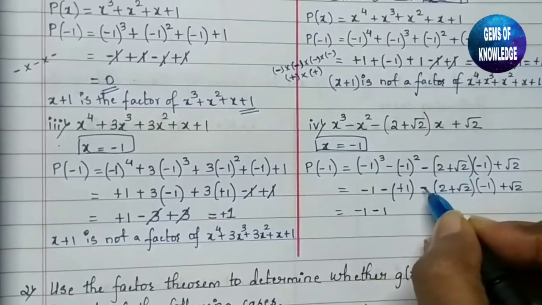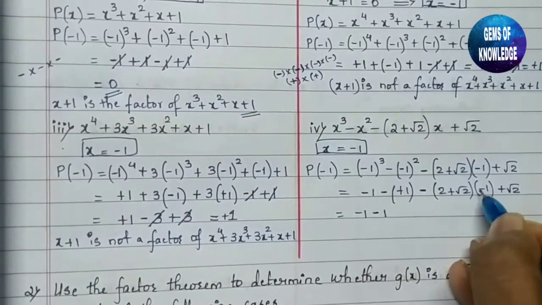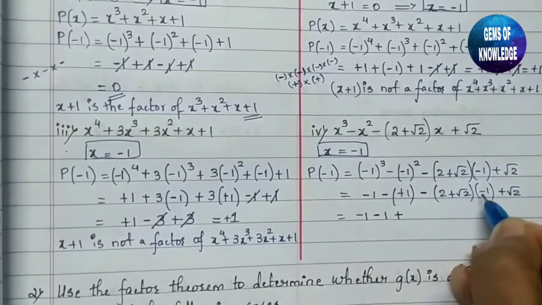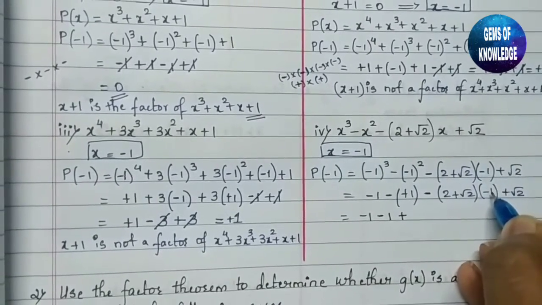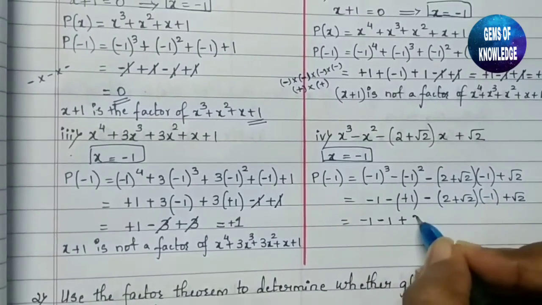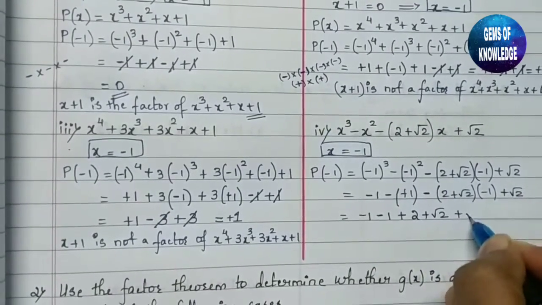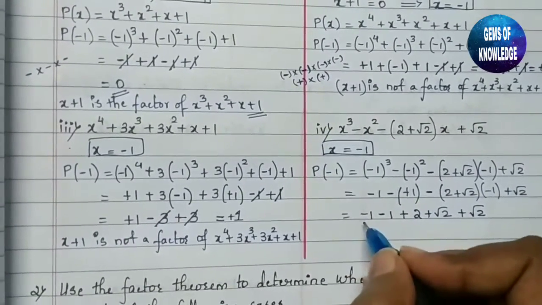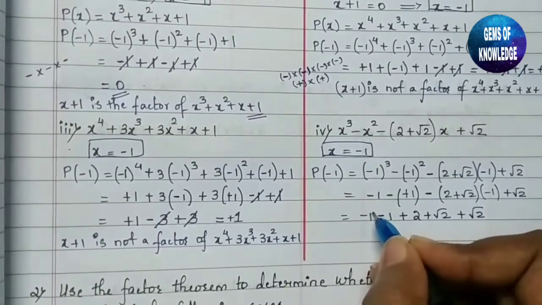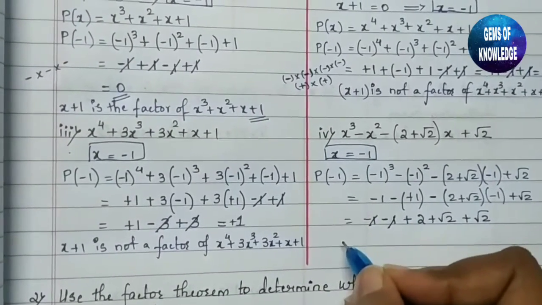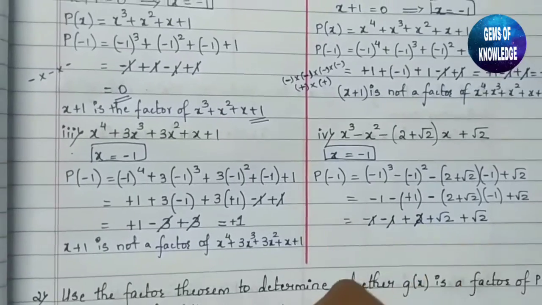Okay. So here you are getting minus into minus, you are getting plus, and when you multiply this one with these two terms you are getting 2 plus root 2 and plus root 2 will be as it is. So you can see here minus 1 will be minus 2 and plus 2 will be cancelled.